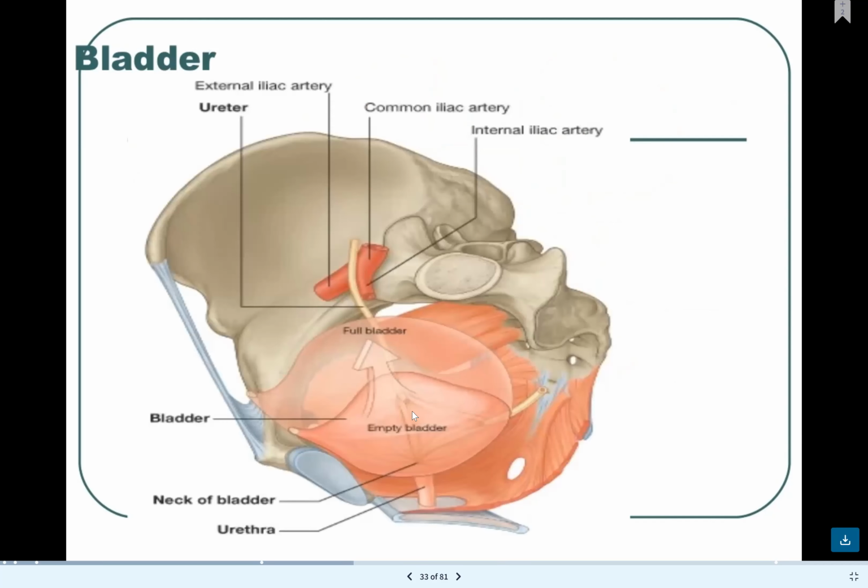So this is the bladder. When it is empty, it's down like this. But when it is full, it pushes up. This is why during pregnancy, you realize that your pregnant wife or your girlfriend that you have decided to impregnate will tend to urinate quickly. This is because superior to the bladder, we have the uterus. And this uterus is also expanding.